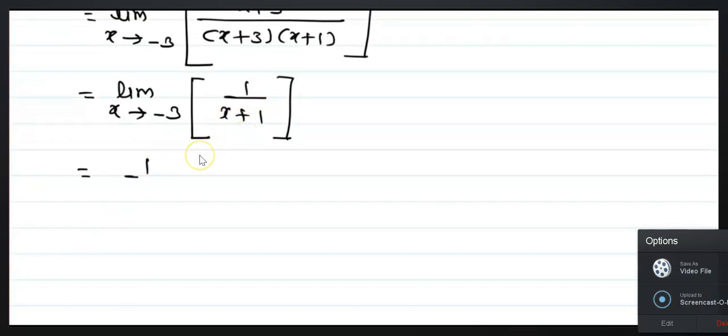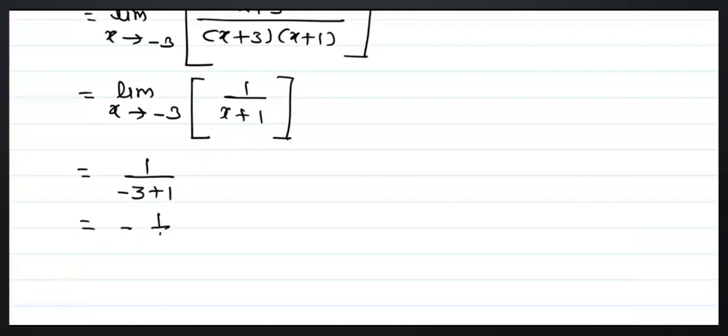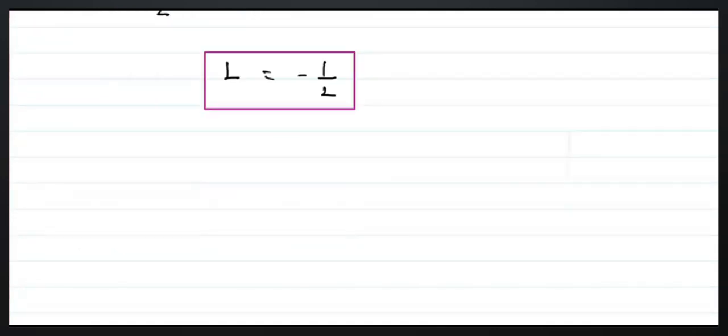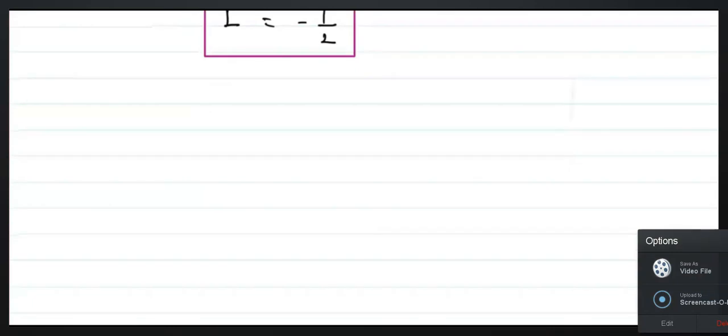Now, as x tends to minus 3, we get 1 upon minus 3 plus 1, which is minus 1 upon 2. Therefore, the answer is L is equal to minus 1 upon 2, and this is the final answer for the limit.